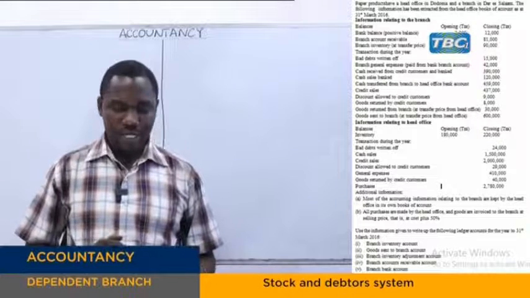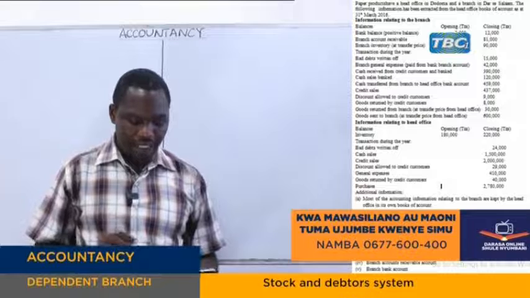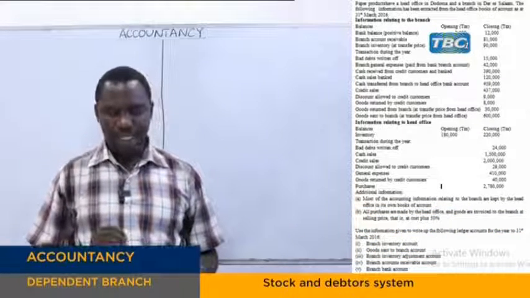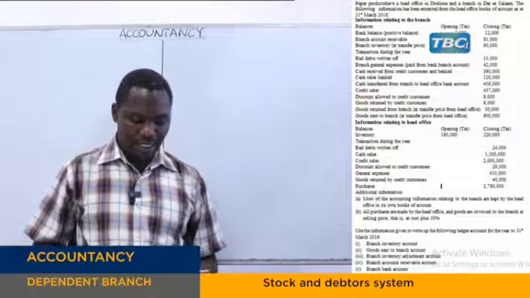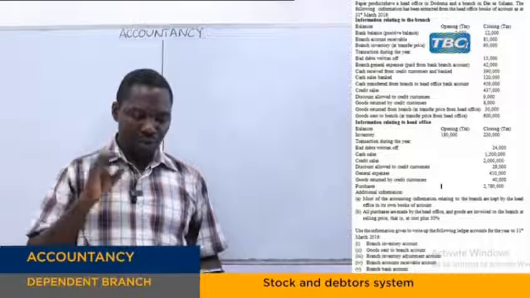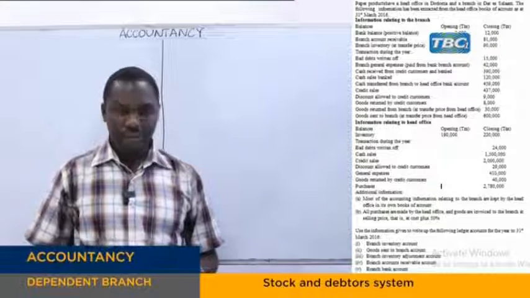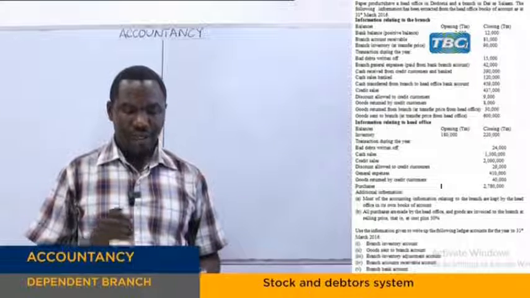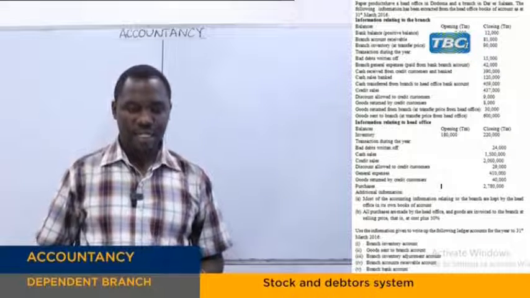But in our requirement, the question requires us to prepare accounts relating to the branch only. So we are going to open up these accounts in relation to the branch. Then let us have a short break. As we come back, we solve this question based on the requirement.